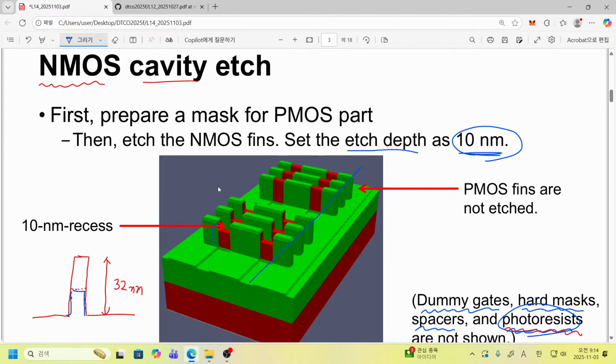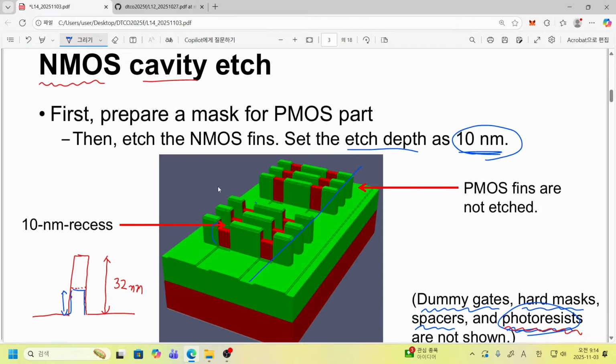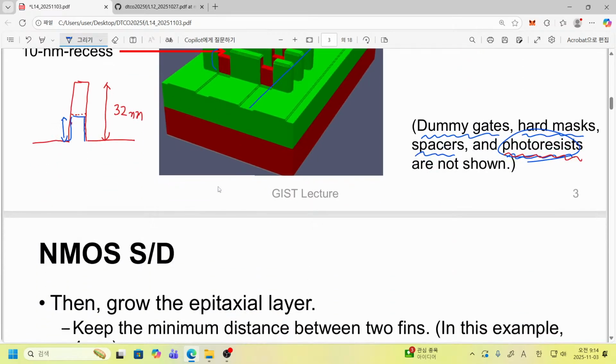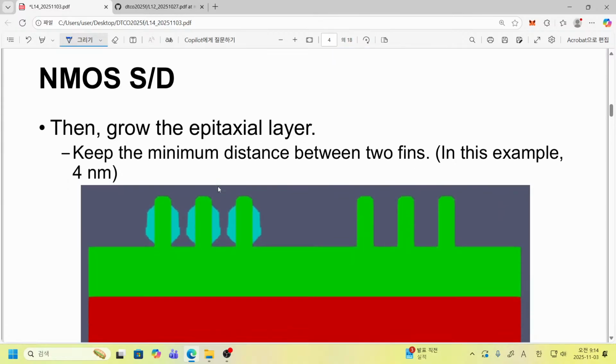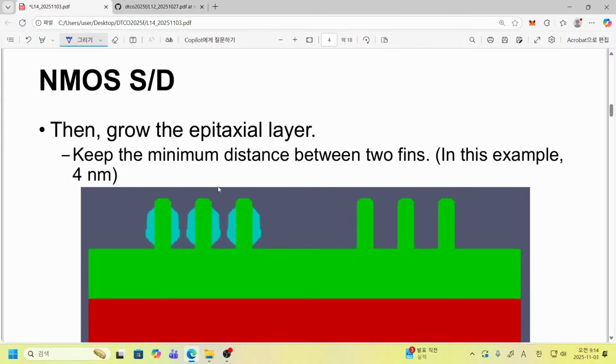It means that we still have some remaining fin, and starting from here we grow something. And another step is that now we can grow our source drain, so grow the epitaxial layer.